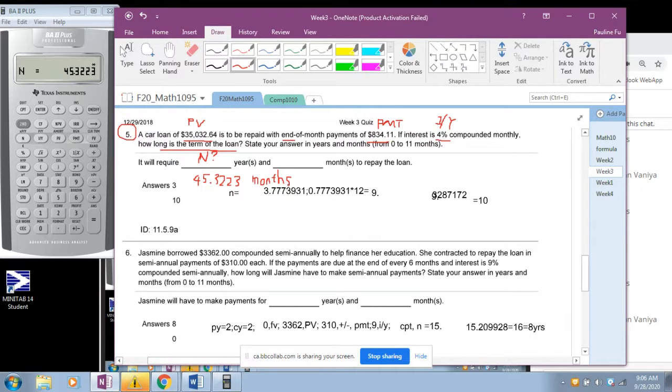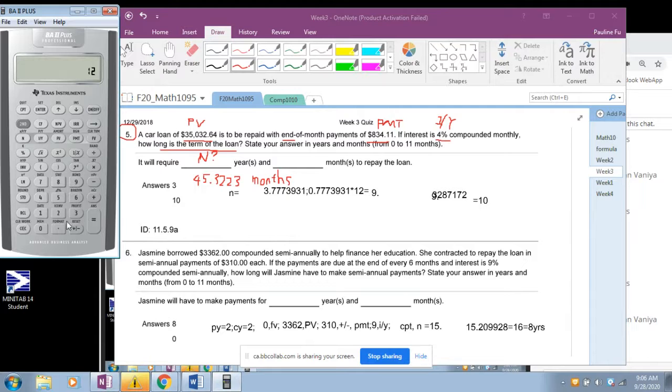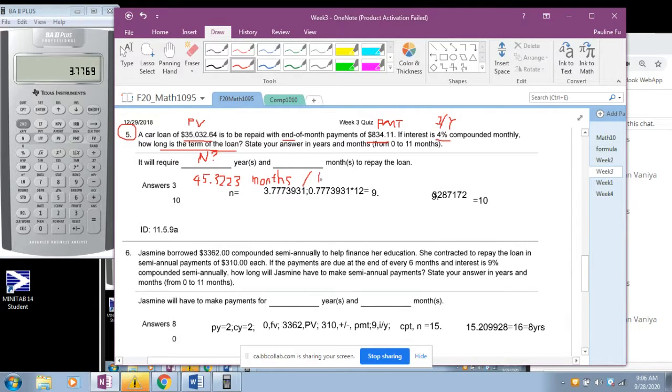As one student pointed out, divide this by 12, and you get 3.7769. The unit is years.